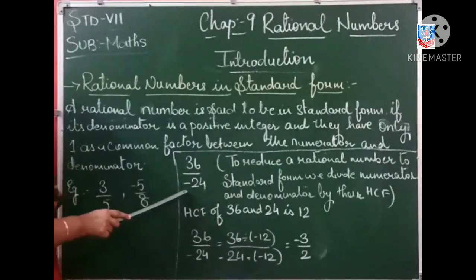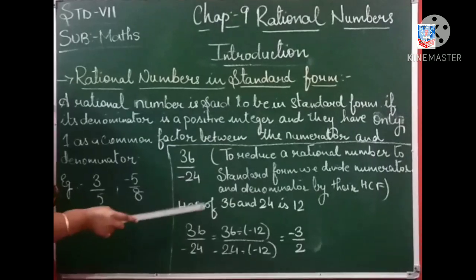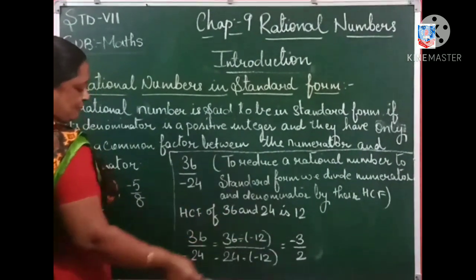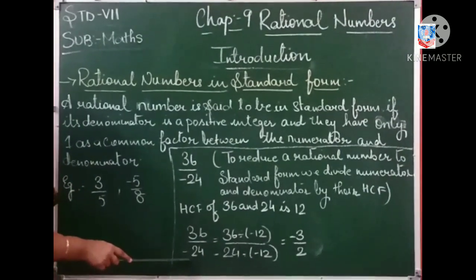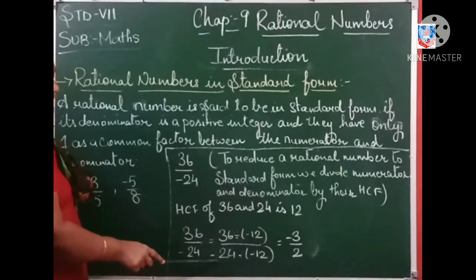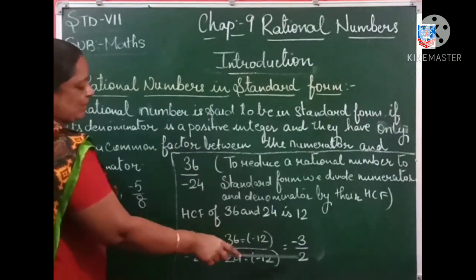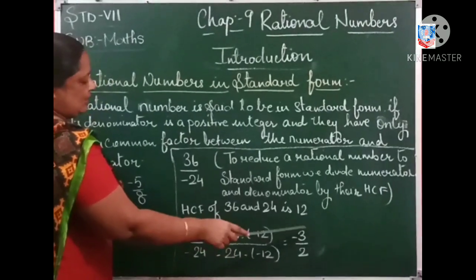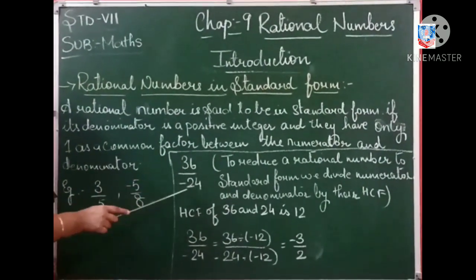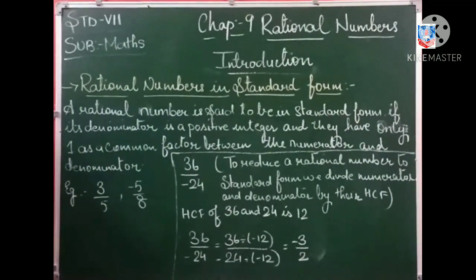Now see, here the denominator is negative, so we will divide by minus HCF. 36 divided by minus 12 and minus 24 divided by minus 12, we will get minus 3 by 2. That means minus 3 by 2 is the standard form of 36 by minus 24. Is it clear?